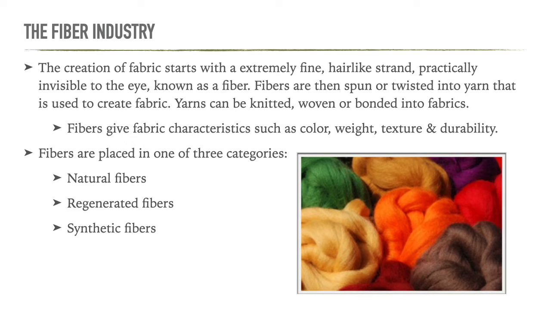Primary suppliers are inclusive of textile fiber and textile fabric manufacturers, as well as the producers of trimmings. The first step in the production of apparel, accessories, and home furnishings is the production of fabrics and fibers. Fibers are placed in one of three categories: natural fibers, regenerated fibers, or synthetic fibers.